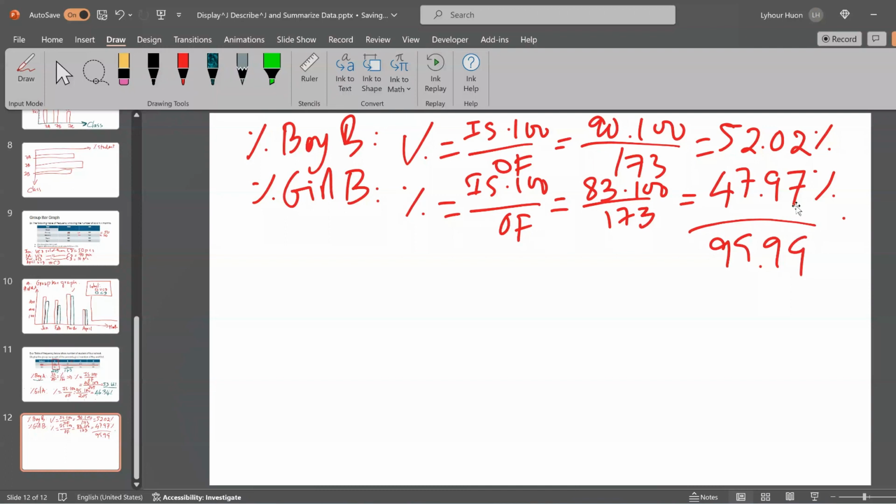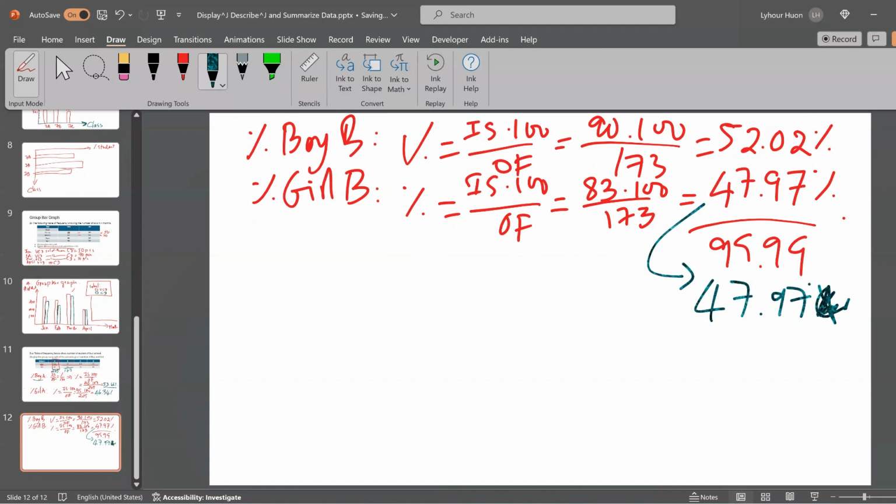The percentage of girls is 47.97 and then the next digit is 6. So when we cut this off, we need to round it up, right? Yes, so this should be 47.98.